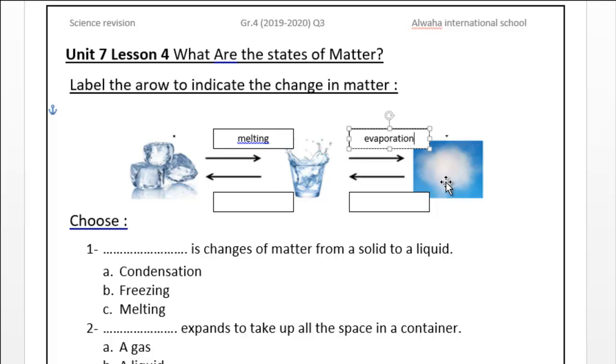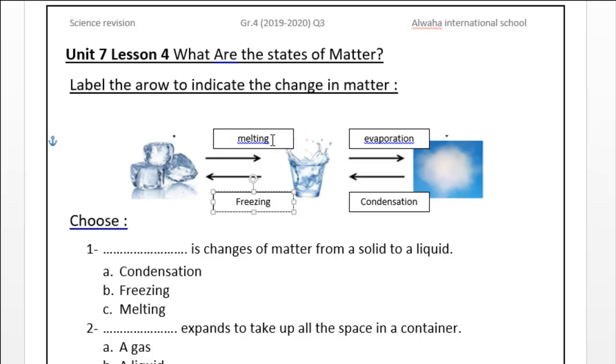And from gas to liquid, this is called condensation. And from liquid to solid, this is called freezing.